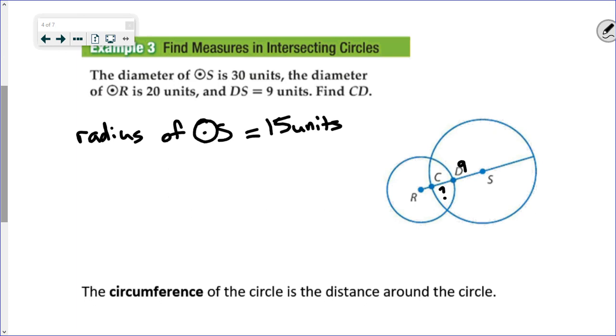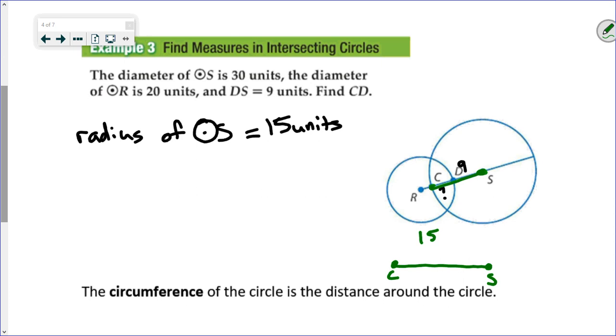Let me highlight that in another color. A radius of circle S would be what I've highlighted there in green. So CS, that's a radius, would be 15 units.